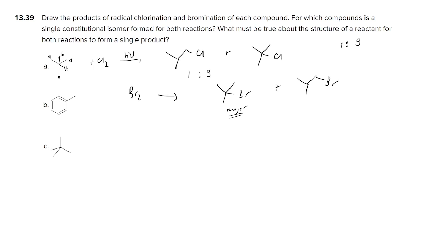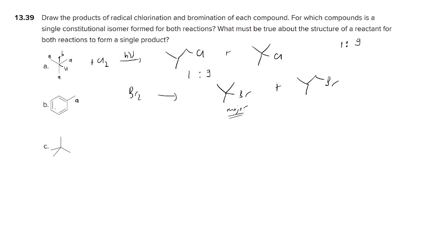And the second option, B, if we do chlorination and bromination, what's going to happen? Again, let's analyze the different hydrogen environments, the different hydrogens, different carbons. So we have here carbon A, and we have also the carbons in the aromatic ring.